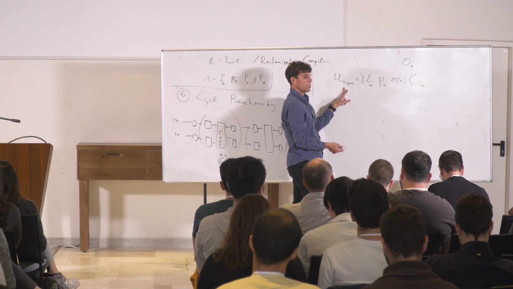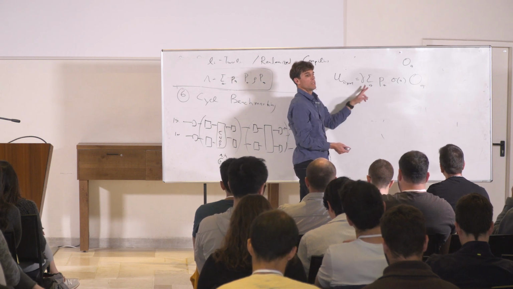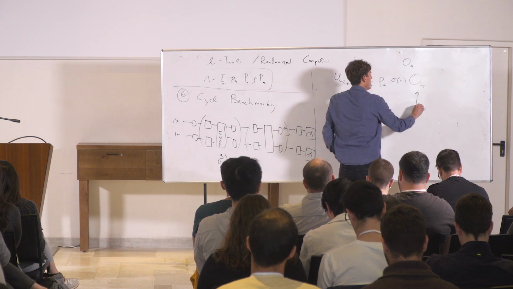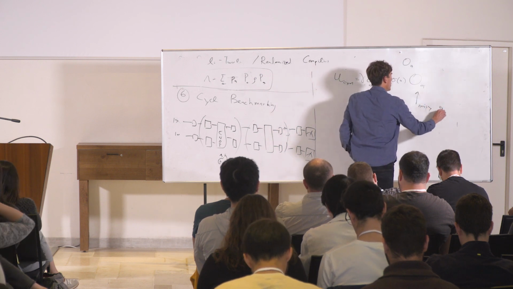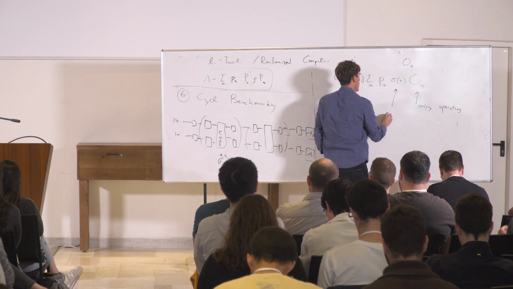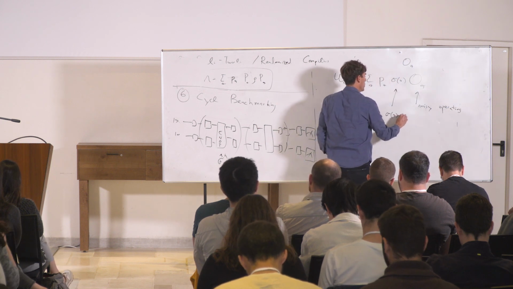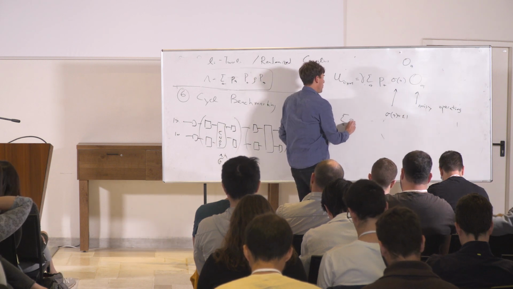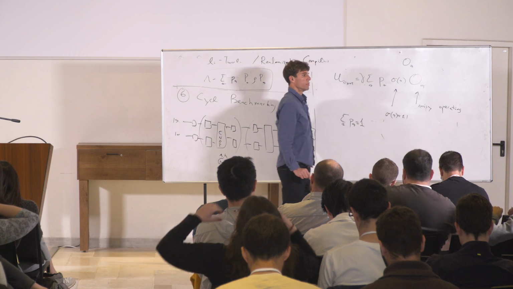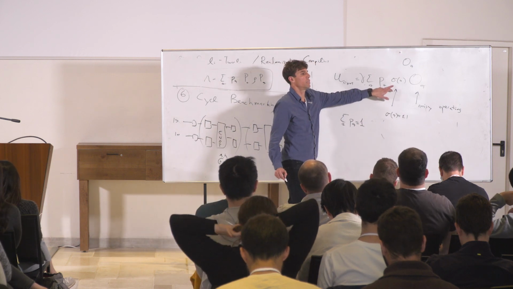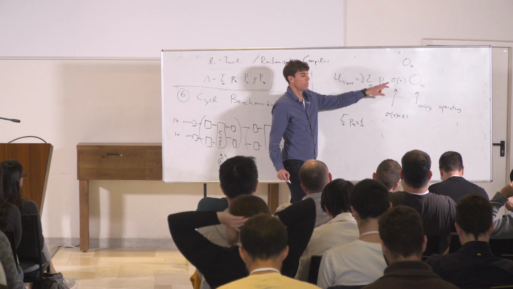Your ideal CNOT is equal to a sum over these things. These are my noisy operations. This is just plus or minus 1, that you can compute effectively. And the sum over alpha, P alpha, is equal to 1. So this is sometimes called a quasi-probability distribution because it has these negative numbers, okay?